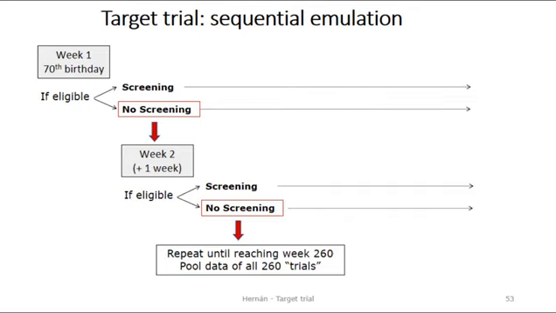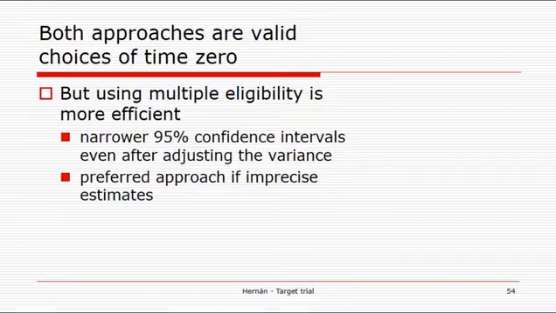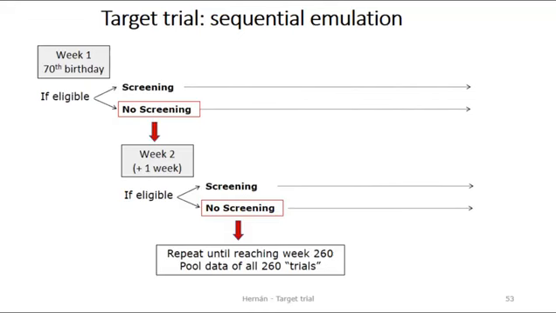So after doing this, we are emulating 260 trials. Each trial has its baseline at a different week. They all have a follow-up of 10 years, but we are starting the baseline at different weeks. Using these multiple trials allows us to use all the data that we have.